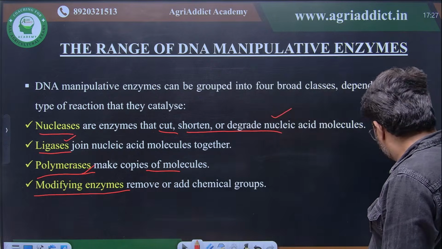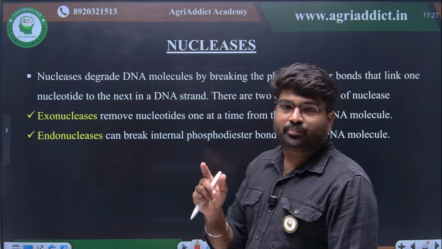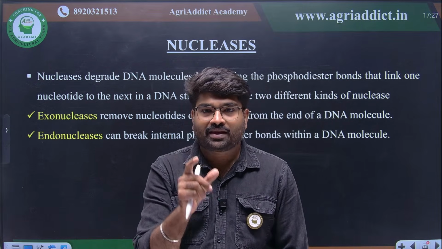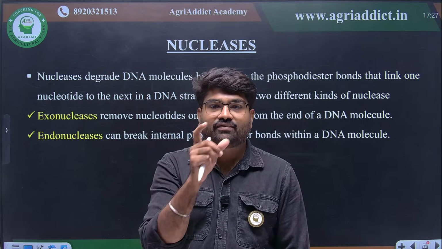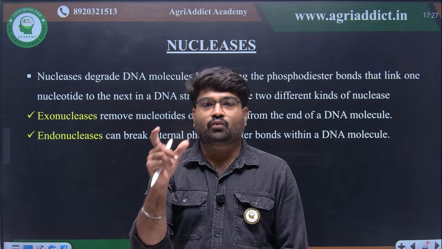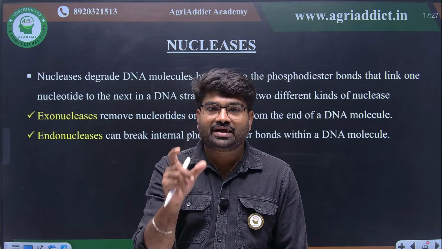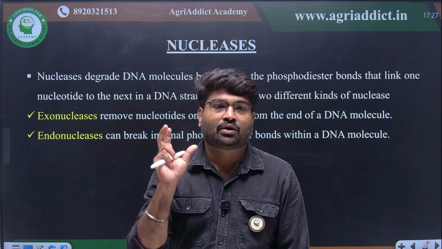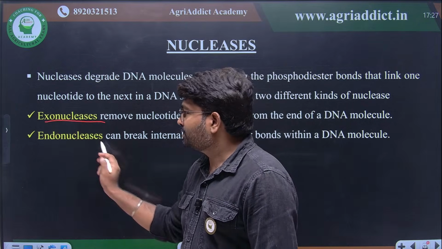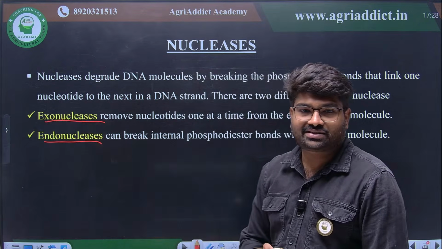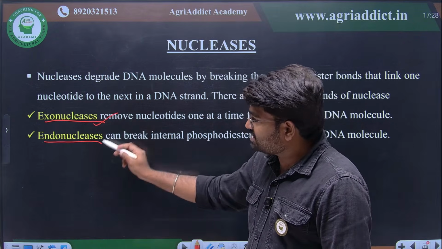The most important thing from the exam point of view is, if they have given some enzyme, you have to know what its function will be, what the different DNA modification enzymes are, and what they do in the cloning experiment. For example, there are two different classes of nucleases, exonuclease and endonuclease.